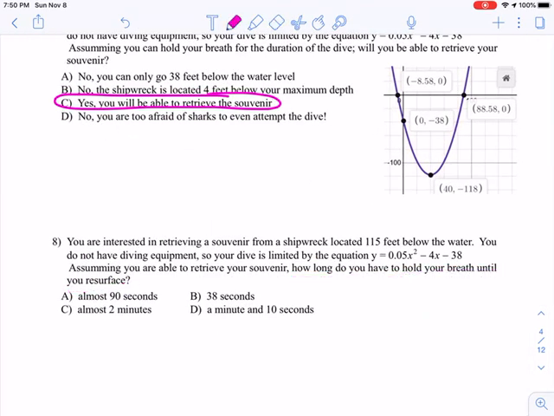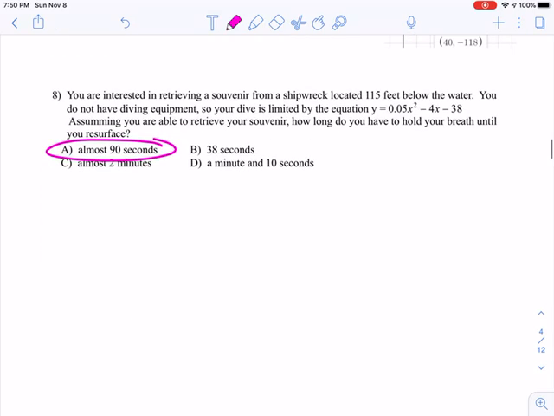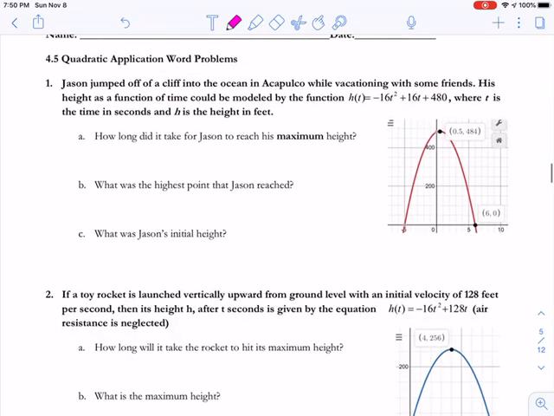So how long do you have to hold your breath? Almost 90 seconds. So this lesson is really about looking at the graph and understanding what the input, the x values represent, what the y values represent, and especially what the vertex represents.